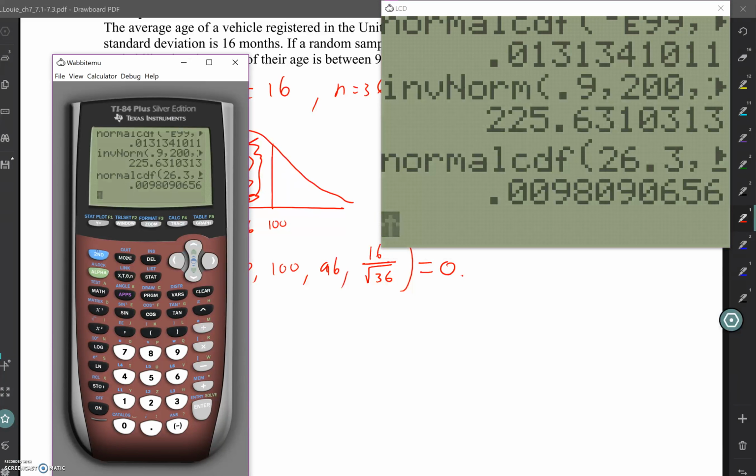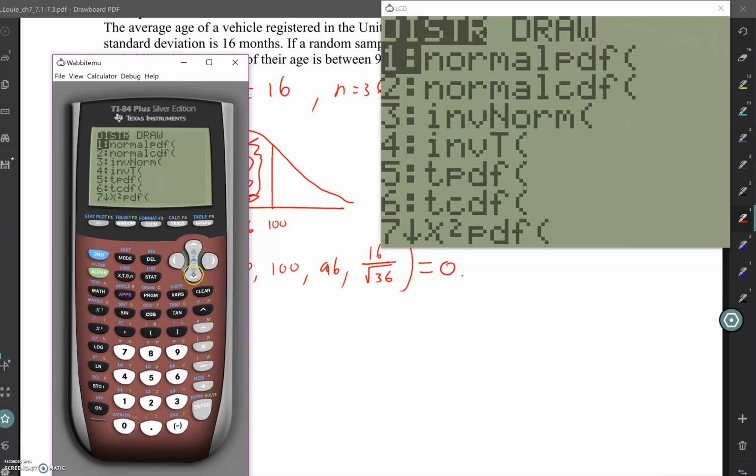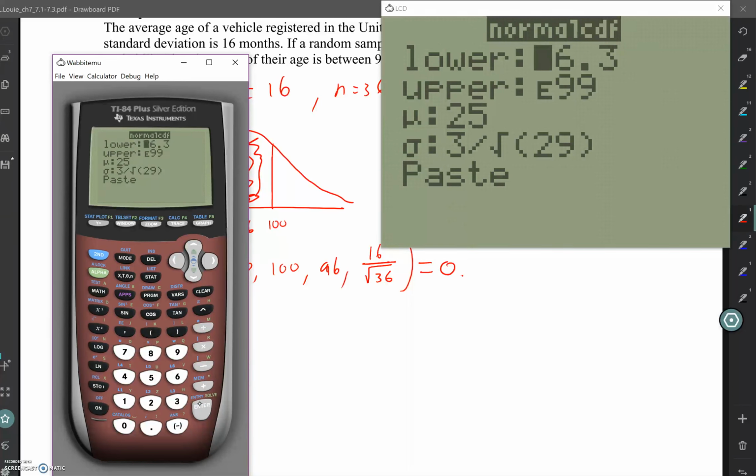So if I go to 1VarStats and get my distribution support, and I put in 90 to 100, a mean of 96, and then 16 divided by the square root of 36.